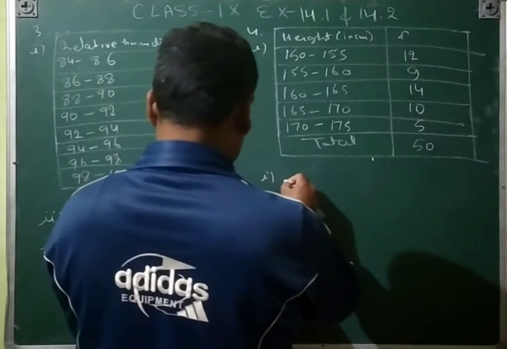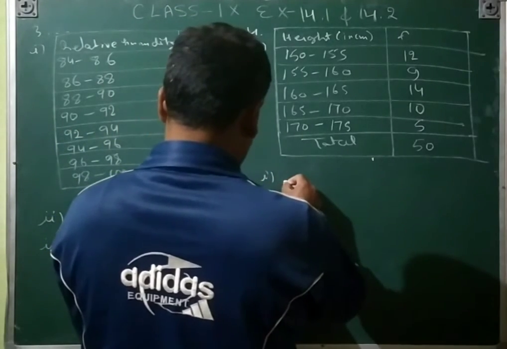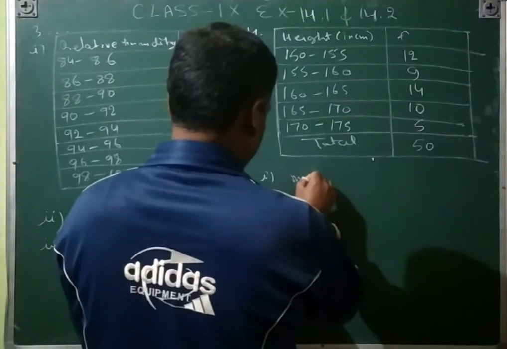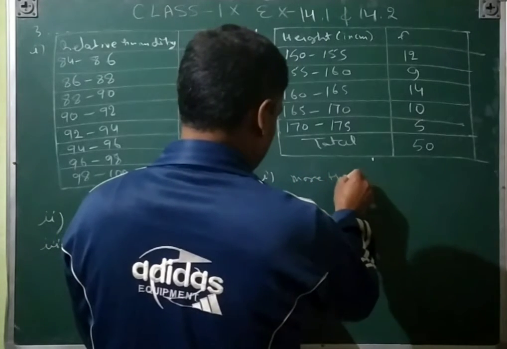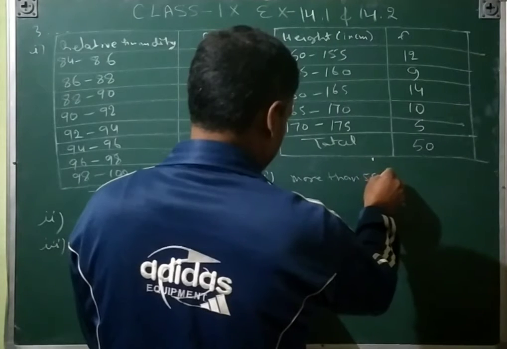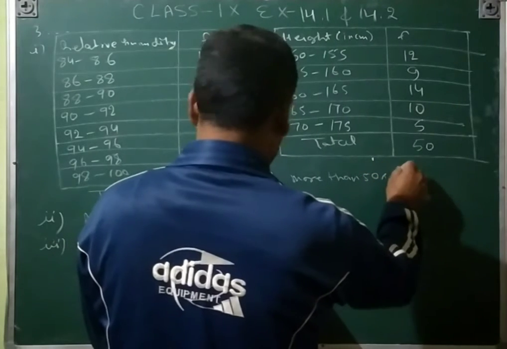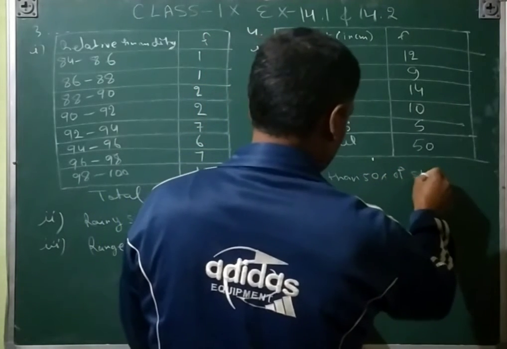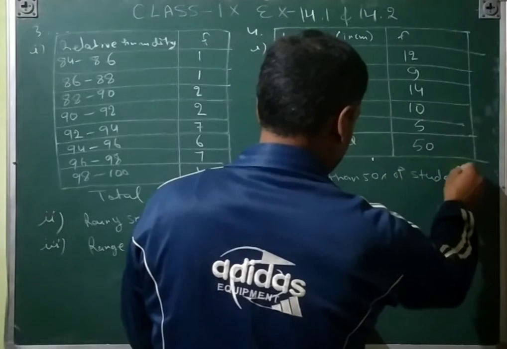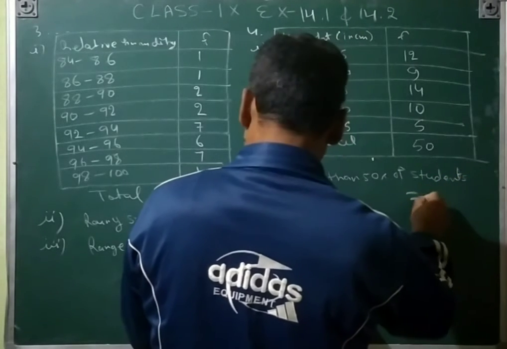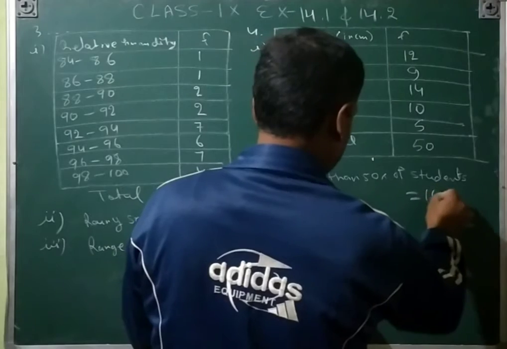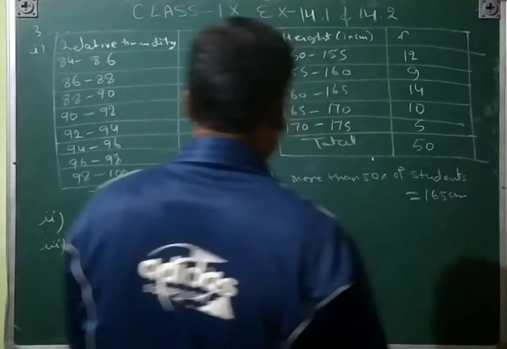So more than 50% of students are shorter than 165 centimeter.